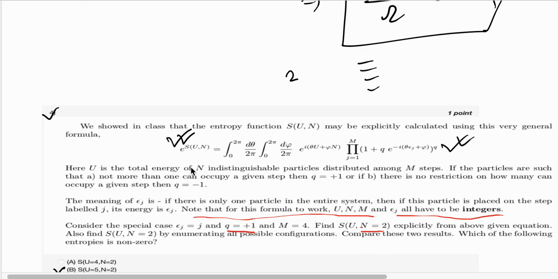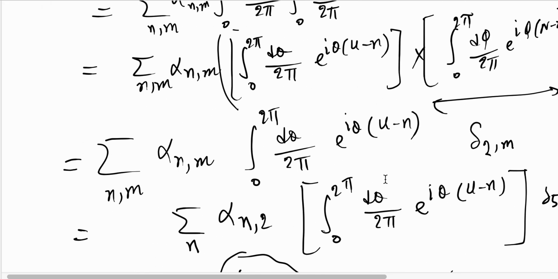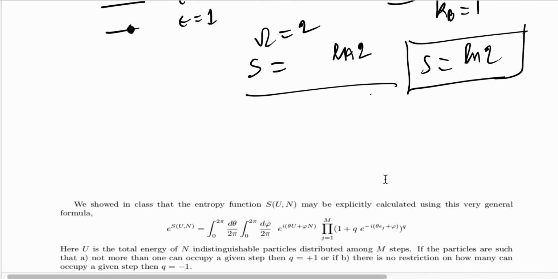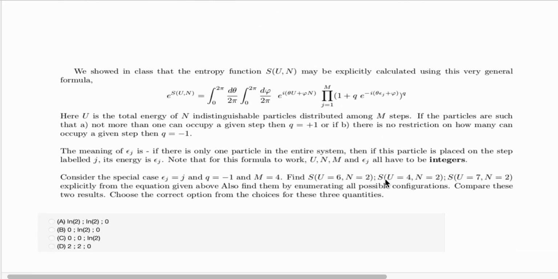For q equal to 1, not more than one particle can occupy a given step. So q equal to 1 is fermions, and q equal to -1 is bosons. We have done the calculation for q equal to 1, and in this question we will do the calculation for q equal to -1.